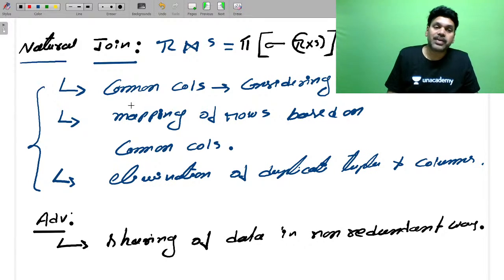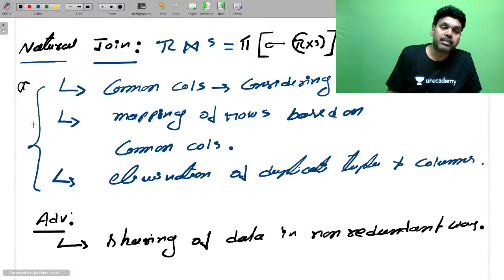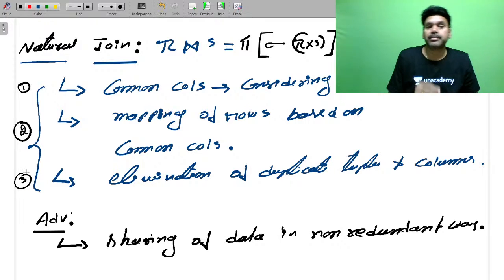Now I will explain the three steps. Step number one, step number two, step number three. First step is cross, selection, projection. Three steps, so please observe the example carefully.